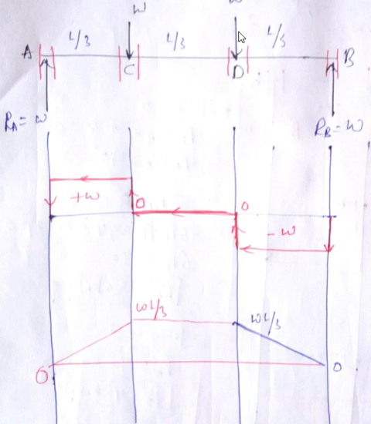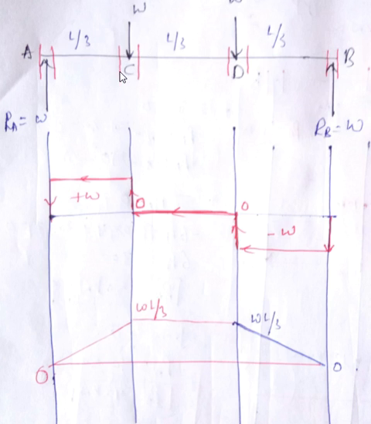If you go from the left side, there is only one force for this cross section. Even if you consider this cross section, there are two forces, but this force into perpendicular distance is 0, so this will not have any effect.